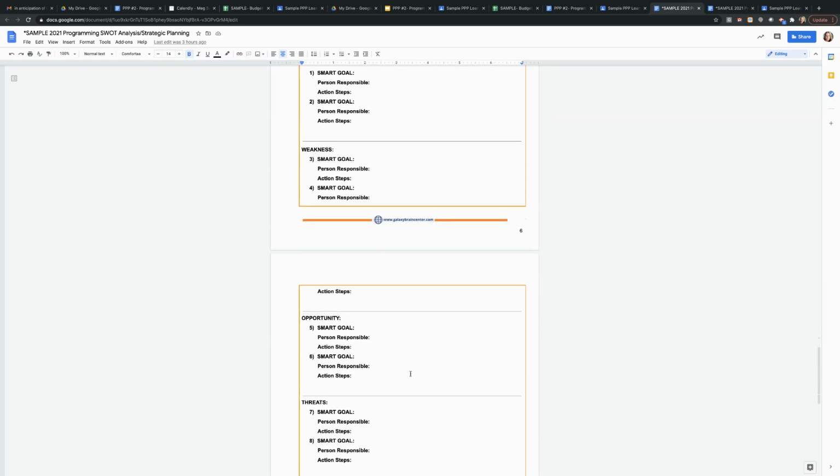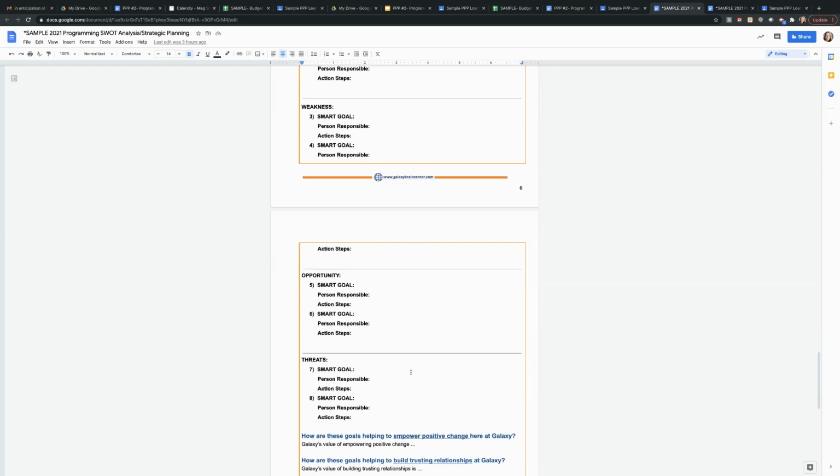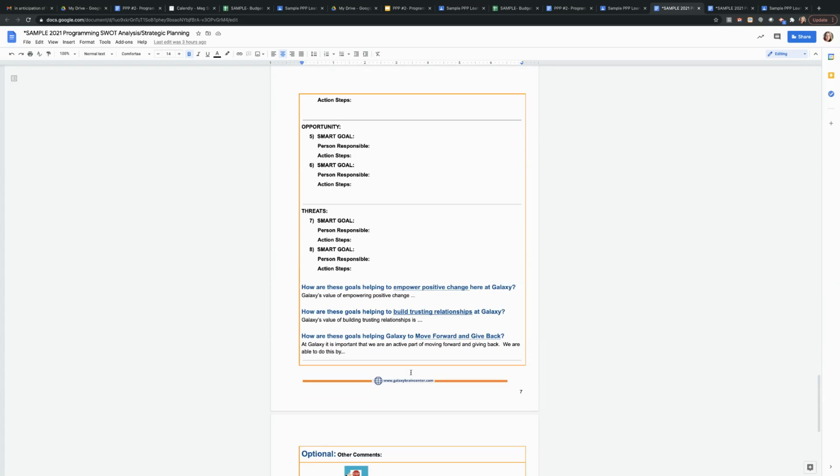What are goals in the opportunity section and what are goals in the threat section? So it's creating goals and then assigning responsible people, action steps, and deadlines for these goals to happen.